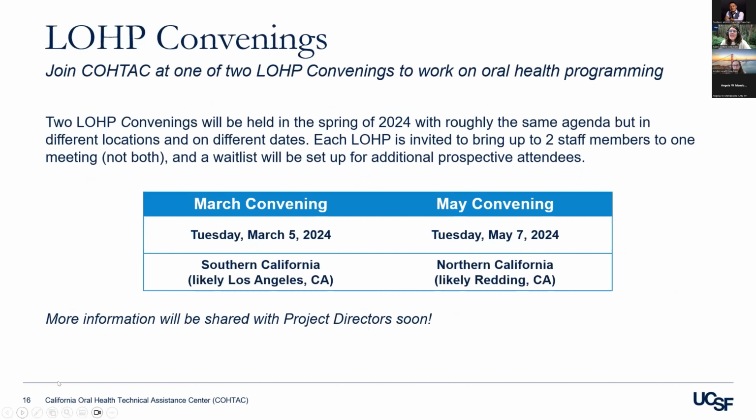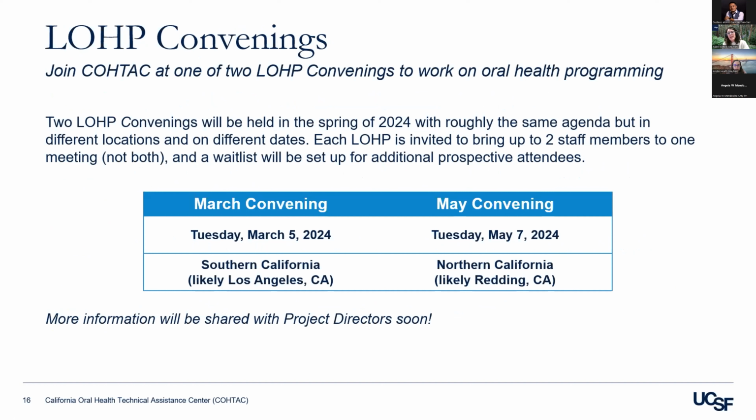And then the last thing that I have to say, which is exciting for us, is that we are hosting 2 LOHP convenings, in-person convenings, in the spring of this year. Our plan is to host one in March in Southern California, one in May in Northern California, and the agenda will be pretty similar.